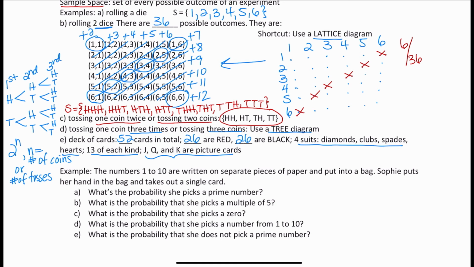So let's go ahead and take a look at the example. We have 10 numbers written on separate pieces of paper and put into a bag. Sophie puts her hand in the bag and takes out a single card. What's the probability she picks a prime number? So our sample space is all the numbers from 1 to 10.